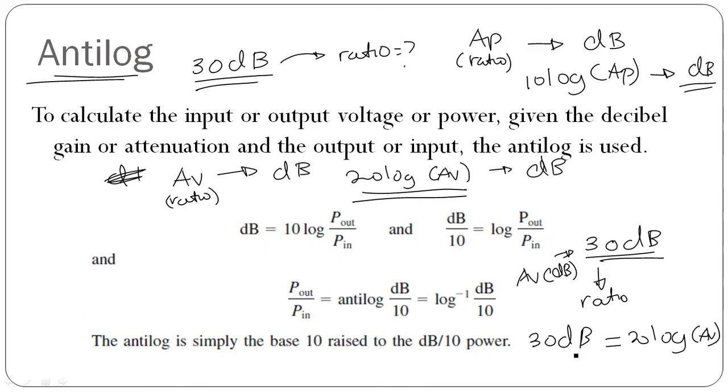So, ito ay i-shift solve nyo lang to sa calculator. So, ito ay equivalent sa 31.62. Okay? Huwag nyo nang lalagyan ng unit, no? Kasi naka-ratio na to. Okay? So, 31.62 yung voltage gain in ratio. And pag naka-decibel naman siya, 30 dB yung equivalent. Okay?